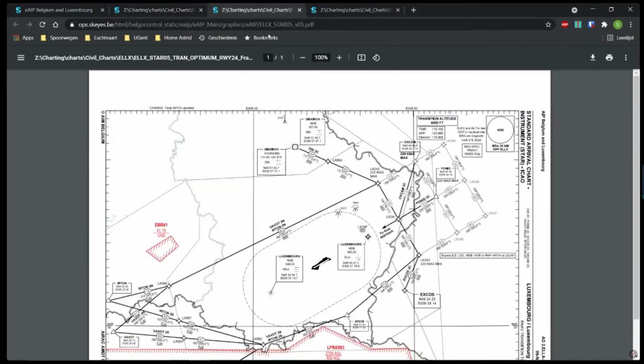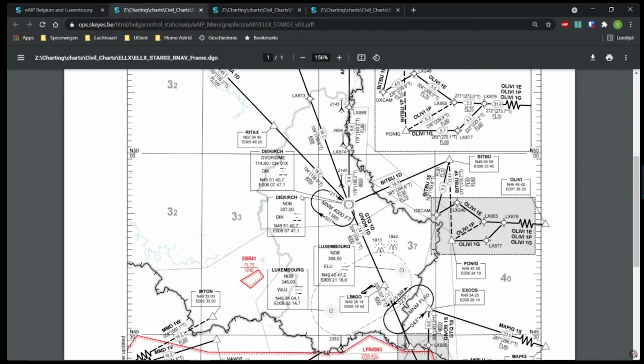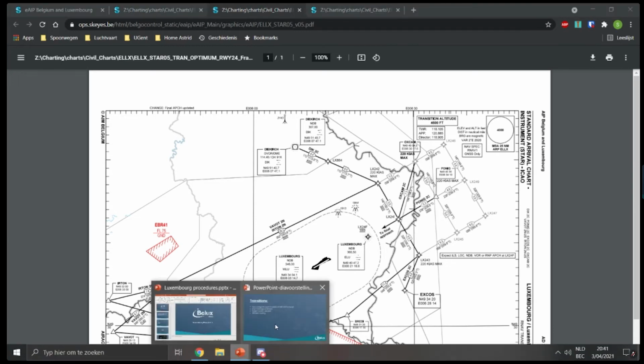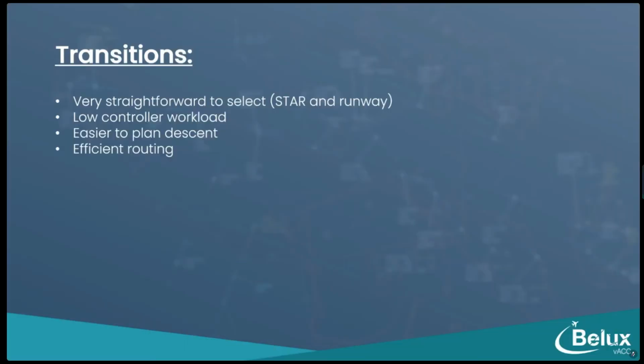I think it's the most efficient way you can do it. Basically the same with Diekirch, getting in via Remba 1 Delta for arrival, from Diekirch directly onto the ILS, minimum delay, very short and efficient routing. They're really, really good, the transitions, so you shouldn't be afraid to use them from time to time. And of course, like I said, efficient routing.